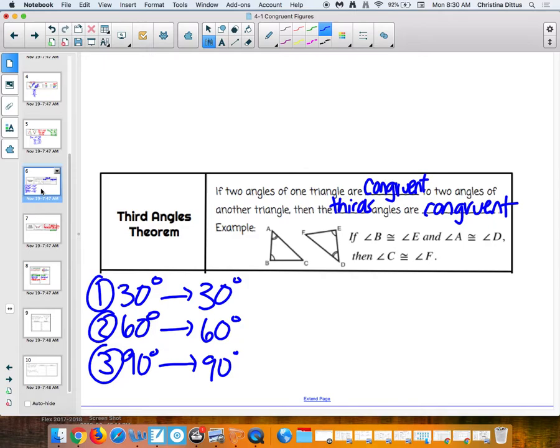There are two angles of one triangle are congruent to two angles of another triangle, and the third angles are congruent. So if I have two angles that are congruent, what has to be true? The third one's congruent.